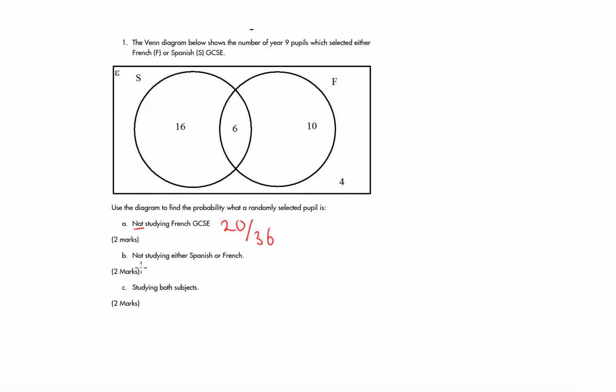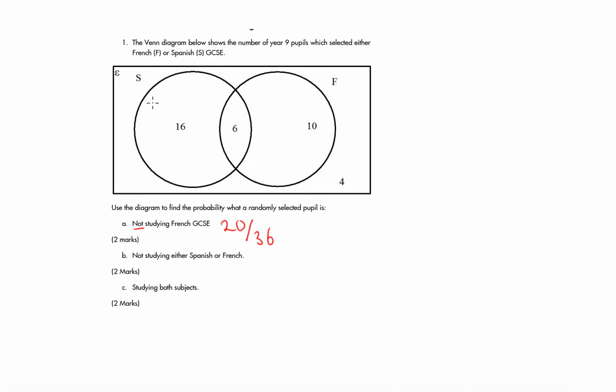Okay, so not studying either Spanish or French. I don't like the way these are phrased. They're quite vague, but I'll take it to mean the negation of Spanish or French.